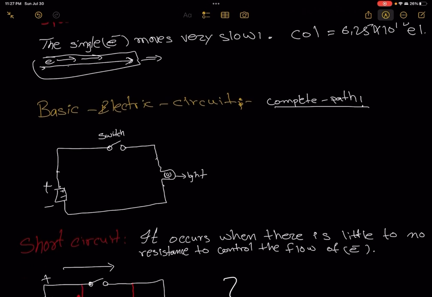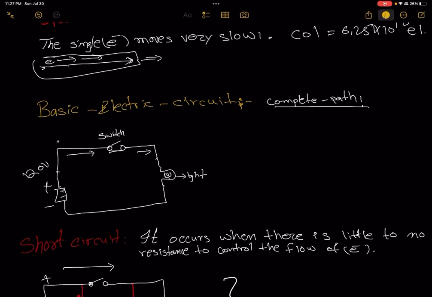For example, if I push this button and turn that on, it will close this circuit right here. If it closes, the current will flow from here going there. If it is 120 volts, for example, this current will flow from here.